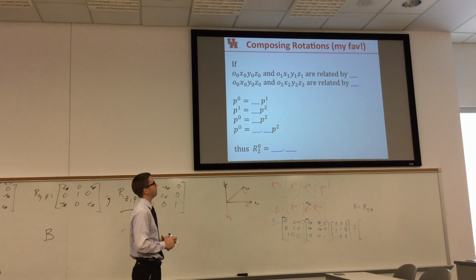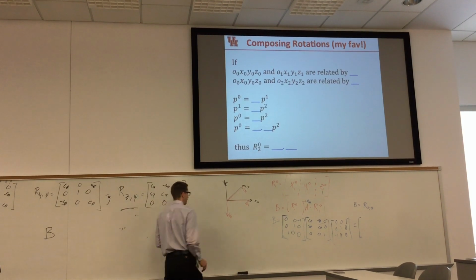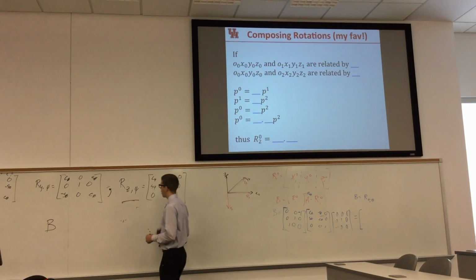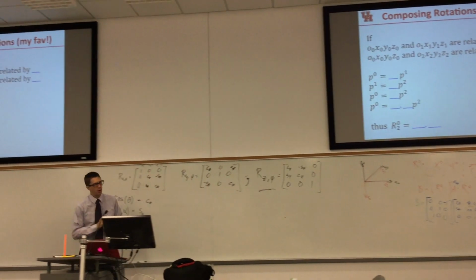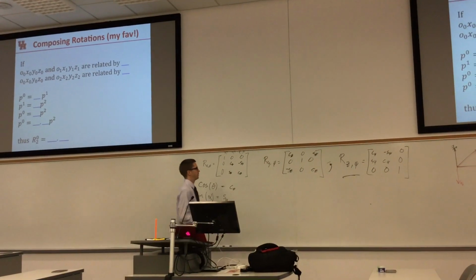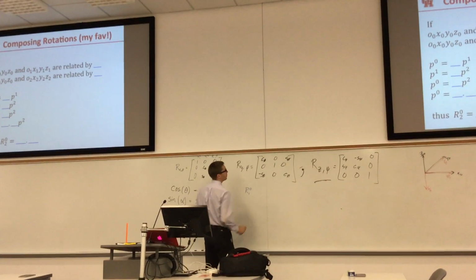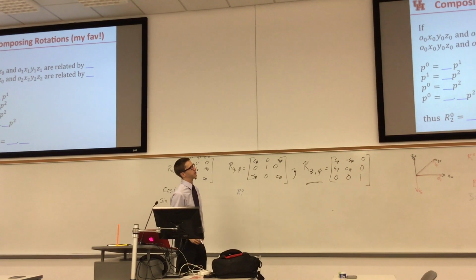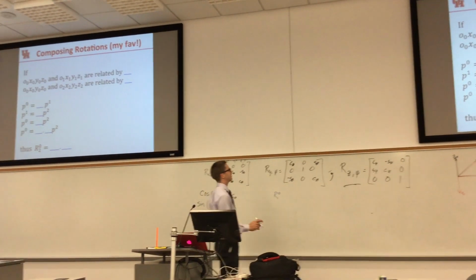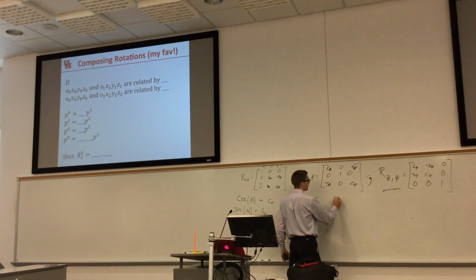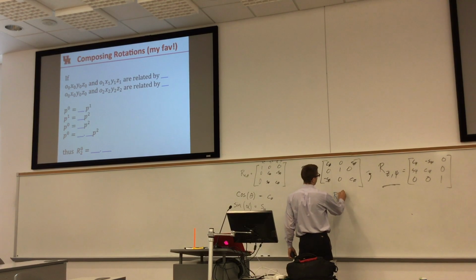And so I start with a big if. If I've got these 2 coordinate frames, and they are related by rotation matrix R1,0, so my first frame here is R1,0, and my next one is going to be R2,0.